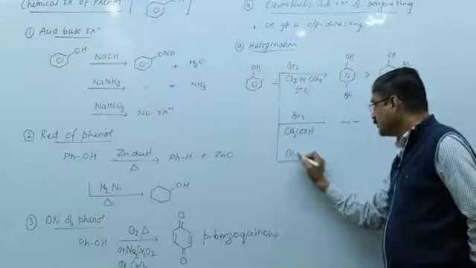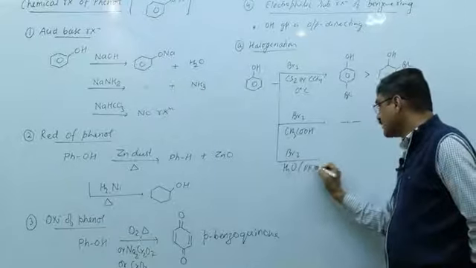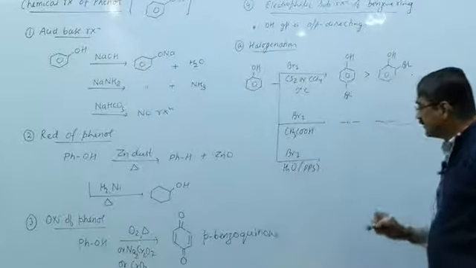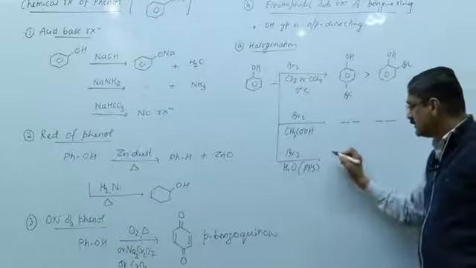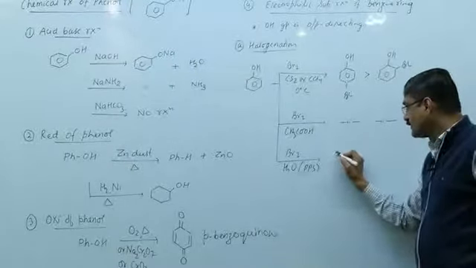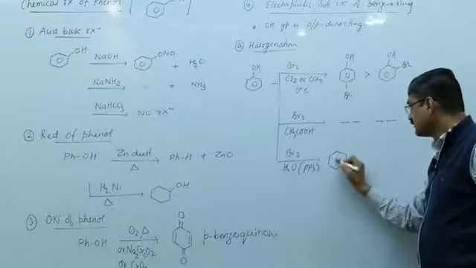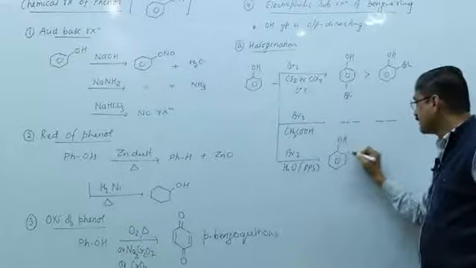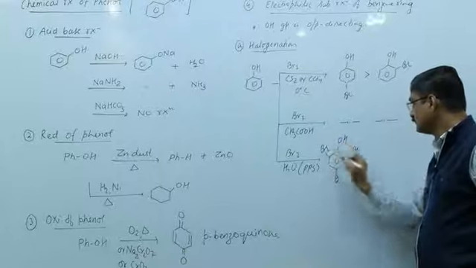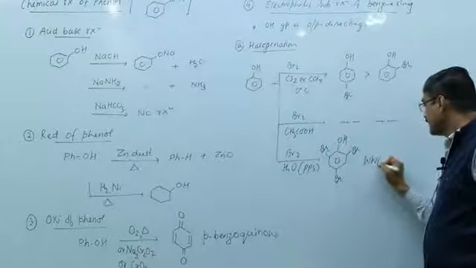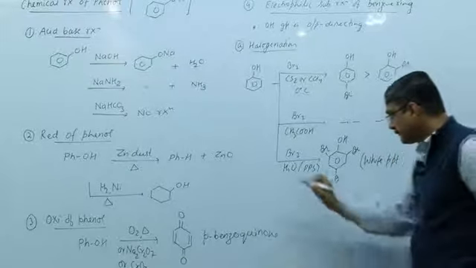But if I take bromine in the presence of water, that is a polar protic solvent, then phenol ionizes into PhO minus and it is a highly electron-rich ring. That's why tribromophenol is obtained. This is a white precipitate of tribromophenol.